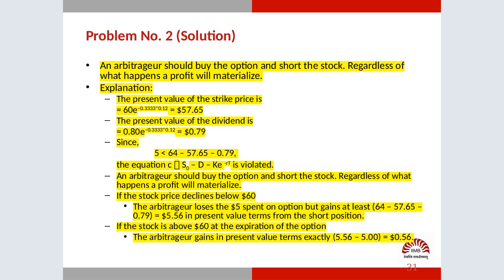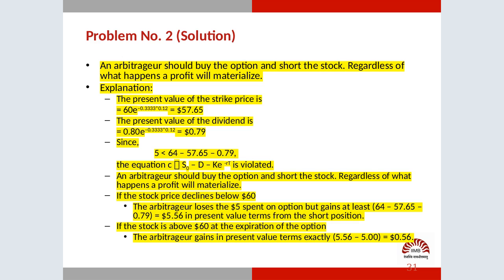If you do that, that number is more than 5. So basically the lower bound is being breached. The condition that the call has to be greater than this is getting violated because the market price is only 5, whereas it should actually have been higher than 5. So you buy the option and short the stock.